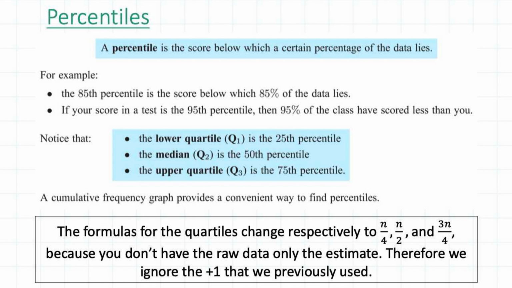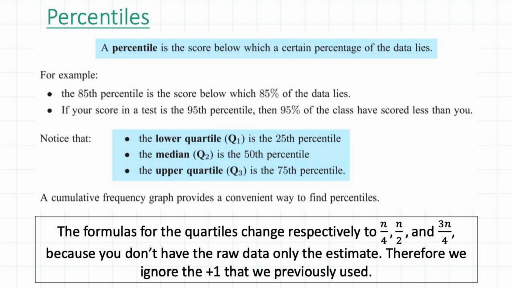And then again, we recall percentiles as we've done before. We've done quartiles, but now we're generalizing it to percentiles. A percentile is a score below which a certain percentage of data lies. So if I'm telling you I want the 85th percentile, it means the score below which 85% of the data lies.